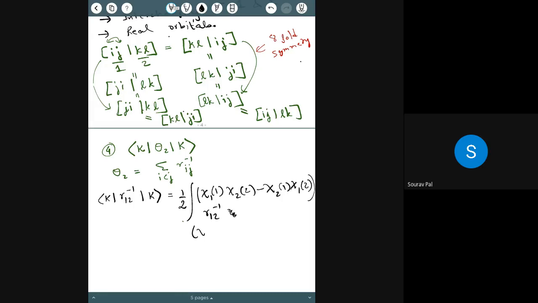Then chi2 1, chi1 2 minus chi star, and this is chi1 1, chi2. Oh, sorry, what am I doing? Chi2, chi1 2. Okay, and then dx1, dx2.